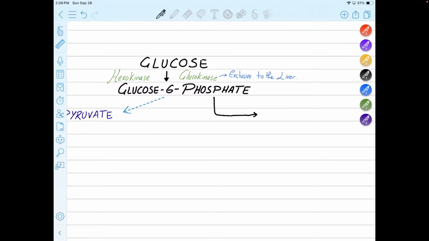Or yeah, the breakdown of glucose. Basically glycolysis is happening, right? So glycolysis is a pathway, but there are also many other pathways apart from it.